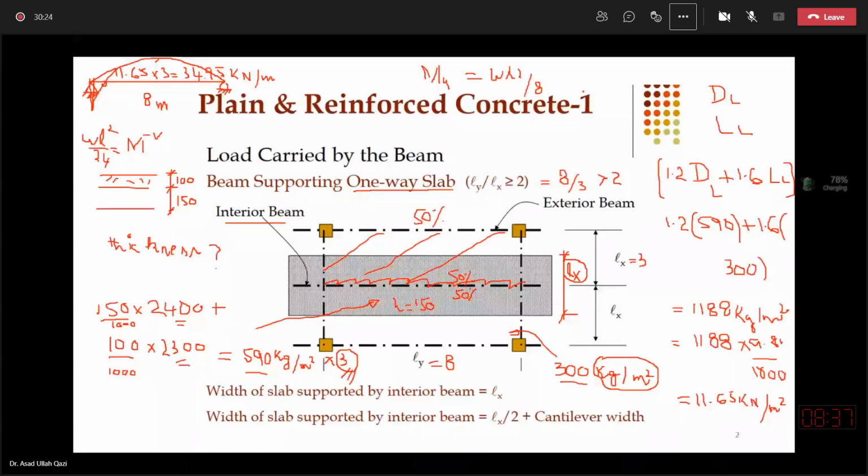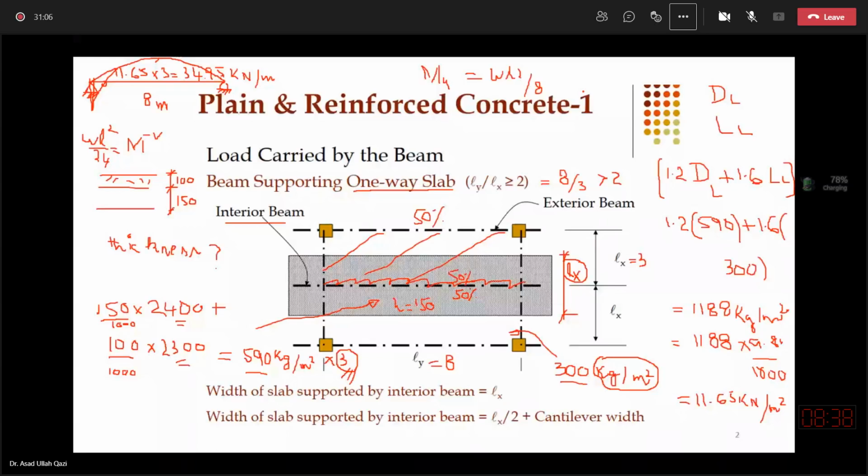Once we are given Wu and we know the fc prime and fy, or we decide from our knowledge about the type of building what should be the fc prime and what steel grade we will recommend to the client for this building, and obviously based on material strengths and known calculated ultimate loads, we can design the beam. First thing will be to proportion the beam, to size the beam, and then to calculate the area of steel.